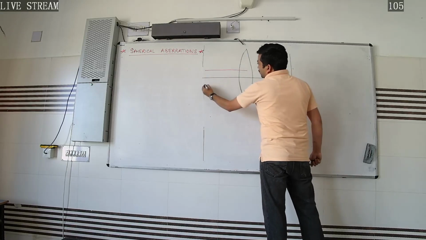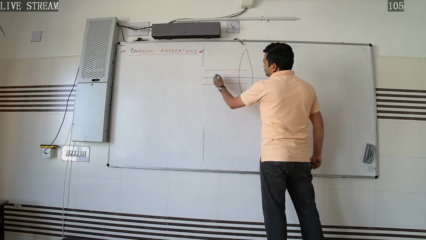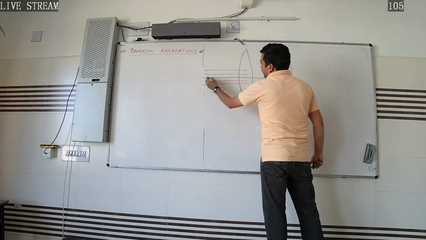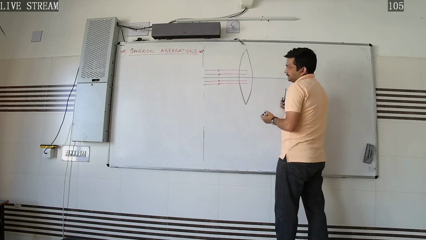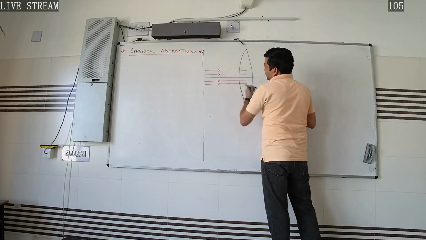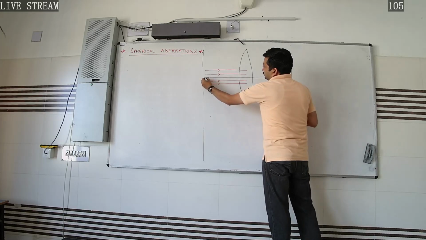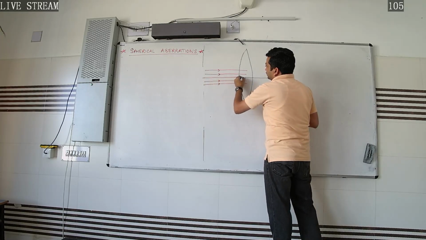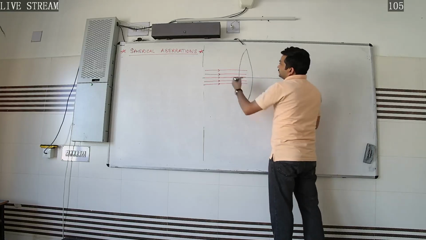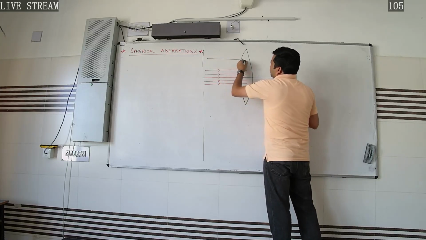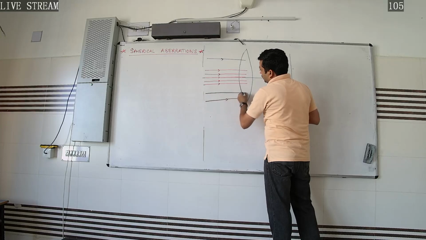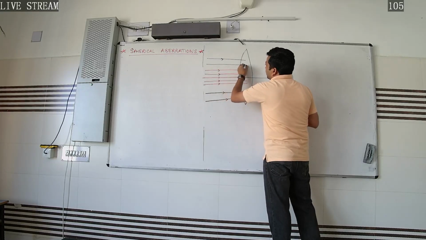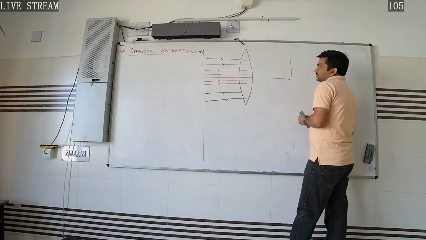Some rays of light are traveling close to the principal axis, and these rays of light are called paraxial rays. And the other rays of light traveling at a certain distance from the principal axis are called marginal rays. These rays are called marginal rays because they are lying at a margin from the principal axis.